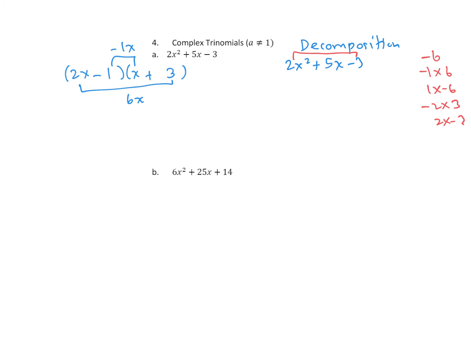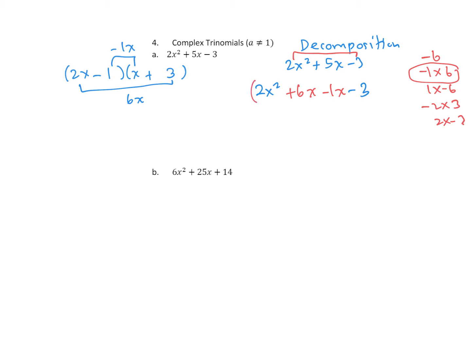I want the combination that gives me a positive 5 in the middle, which is this one. So we're going to decompose the middle. Instead of writing 5, we're going to write plus 6x minus 1x. That still adds to 5, so I haven't changed the equation. I've just replaced the 5 with a 6 and a -1.